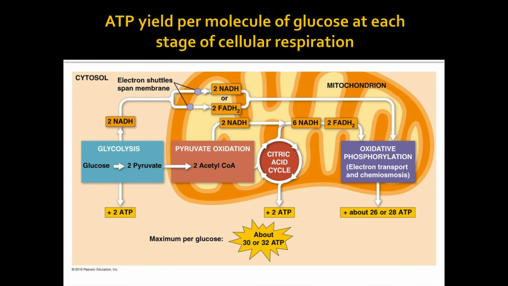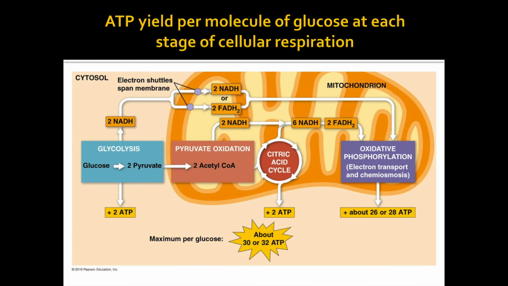If those electrons get ferried across into the matrix of the mitochondria and get picked up by NADH, then we can pump more protons into that space and get more ATP out. So if those electrons are moved onto the NAD, then we can get up to about 28 ATP in oxidative phosphorylation.